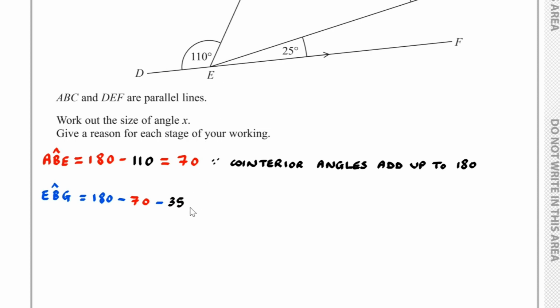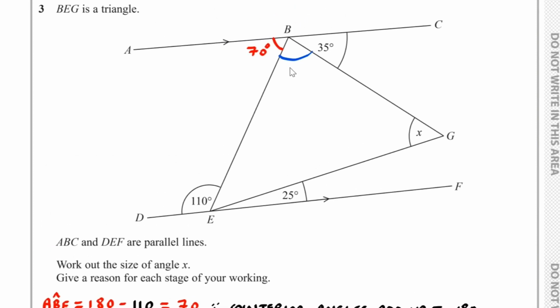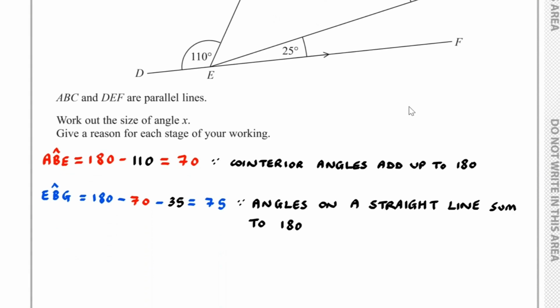It turns out the angle EBG is equal to 75. So I've got 75 degrees here, and the reason for this is because angles on a straight line sum to 180.